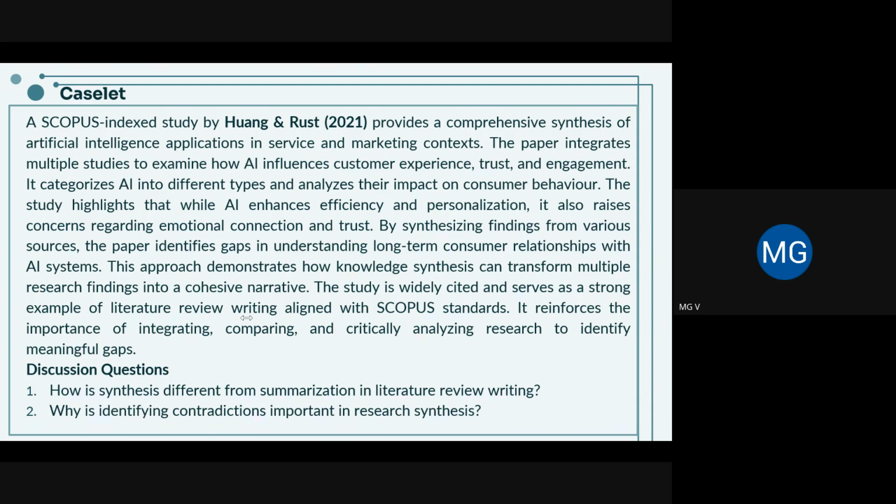Second question, why is identifying contradictions important in research synthesis? Why? What do contradictions reveal? I hope you know it. What do contradictions reveal?